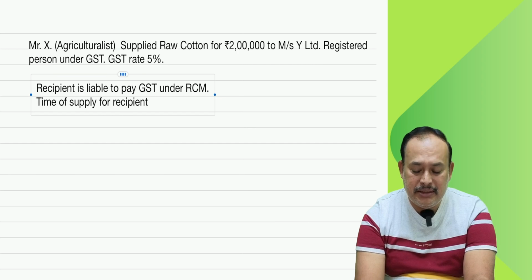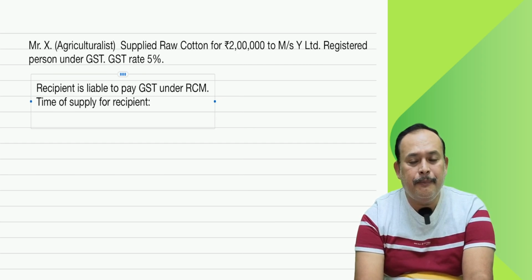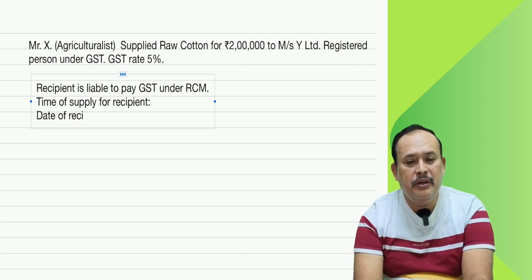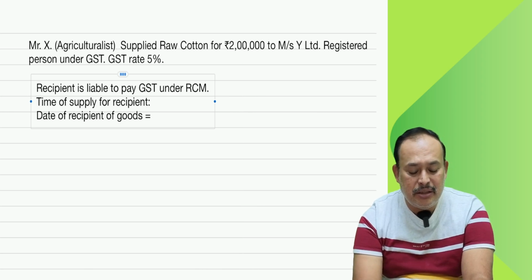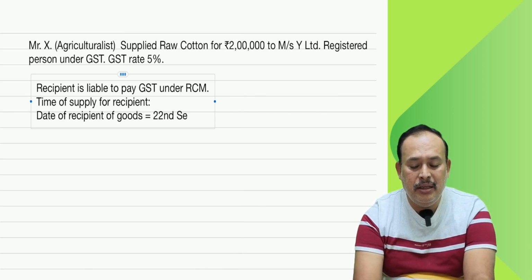To pay the GST, 1. Here, date of receipt of goods. Assume date of receipt of goods is today, 22nd September 2024. 2.